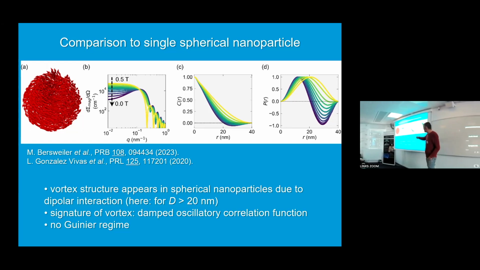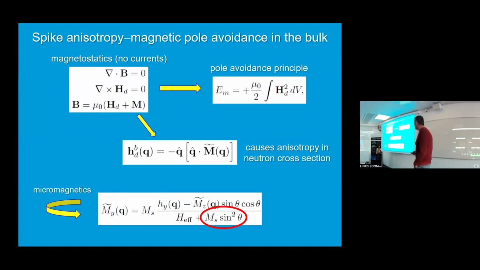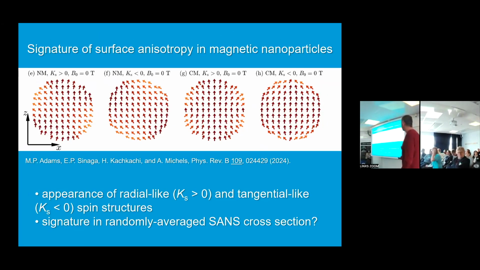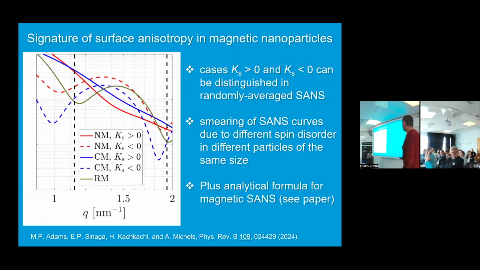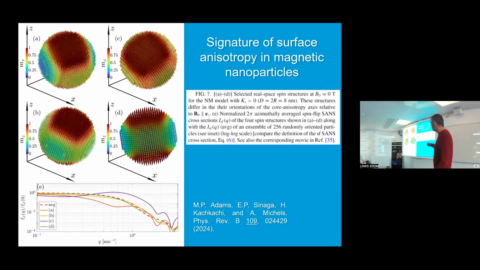I must admit, this is not the best example, but I have other examples that I could maybe show you. Yeah, you can see it here. These are different spin structures.